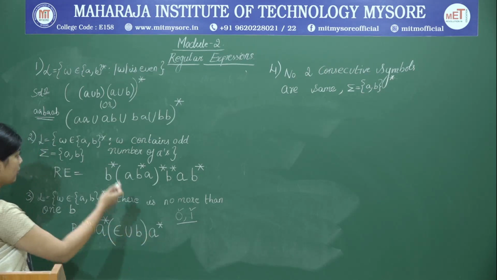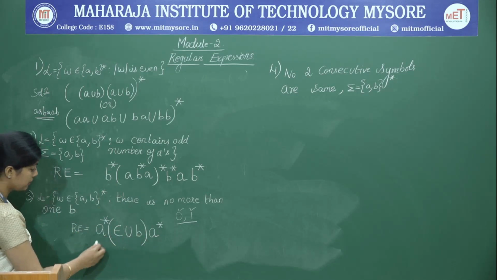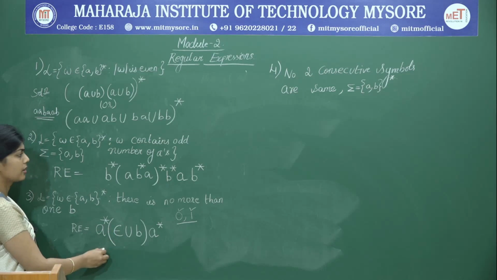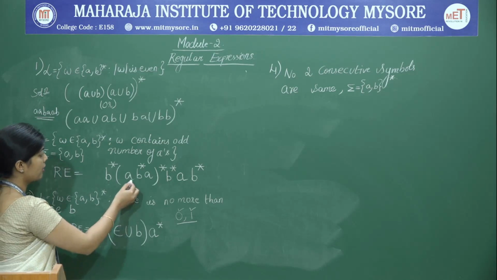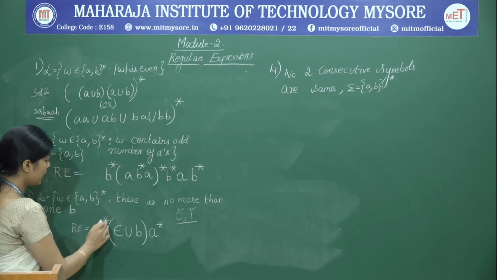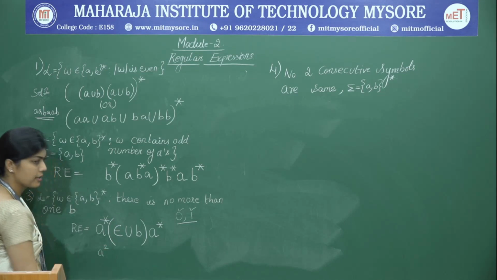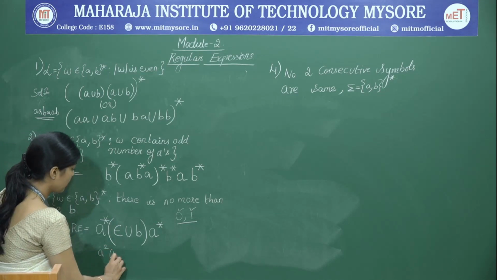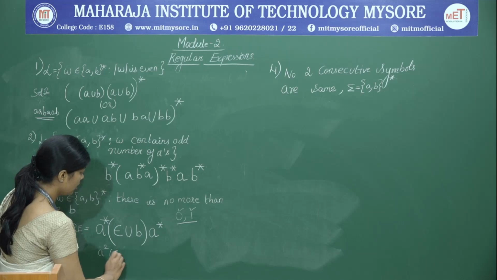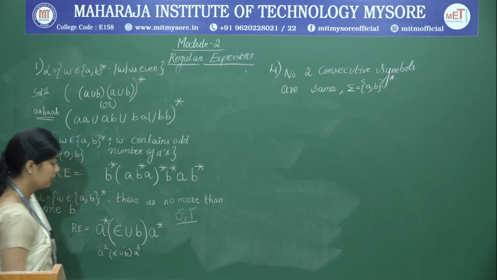When we take up any of these regular expressions and try to frame the strings, we will see what we get. You could use this method in order to generate strings from either of these regular expressions. So A star is there. Instead of A star, I choose to put A square. Then it will be followed by (epsilon union B), and then here I place A cube.